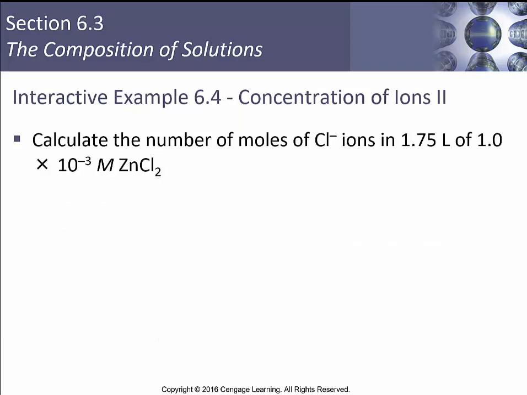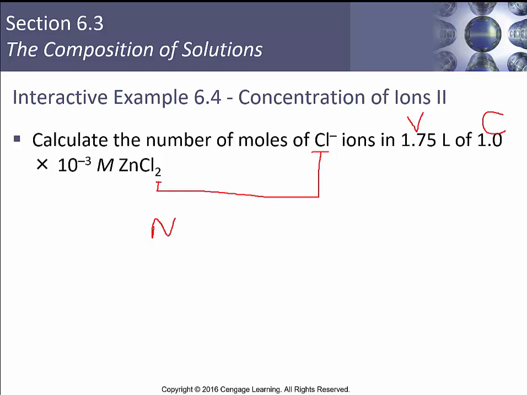Calculate the number of moles of chloride ions in 1.75 liters of 1 times 10 to the minus 3 molar zinc chloride. Looking at this, I've got a volume and I've got a concentration. But I want to be careful because I want the chloride ions, and this formula has a 2 in it.